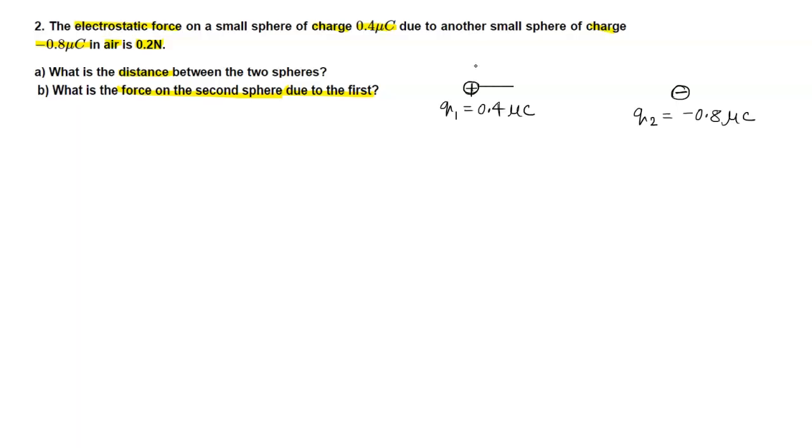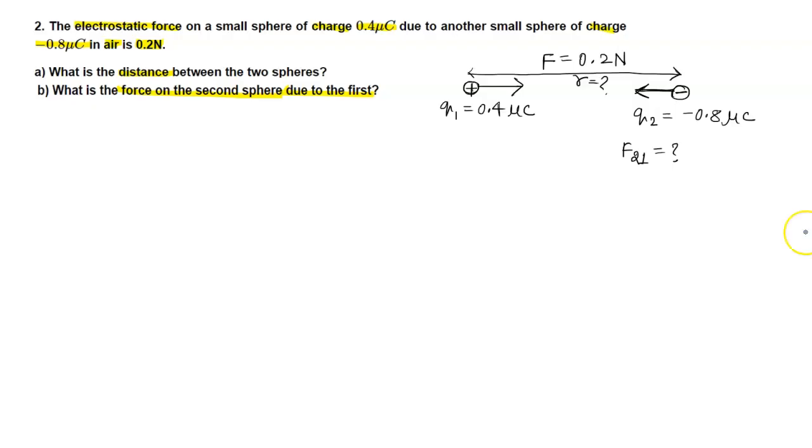The force of attraction between these two charges is given as 0.2 Newton, and we need to find this distance, denoted as R. Also in part B, we need to find the force on the second sphere due to the first sphere.